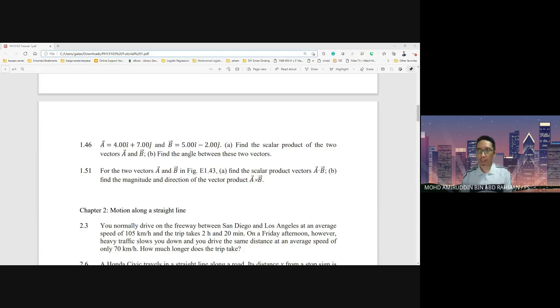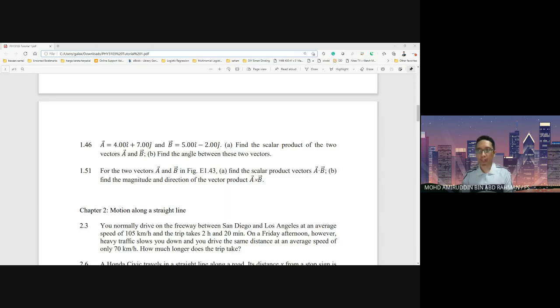And then what's the angle? So the angle, as usual, you find out the x and y component. Either you find the component or you have that equation AB cos phi, which is equal to the dot product of A and B. Basically you need to solve for phi to find the angle.